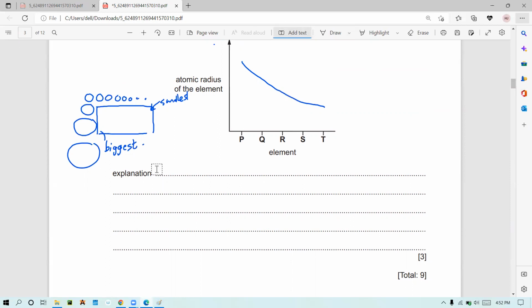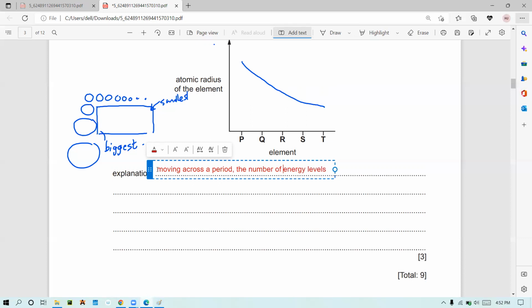We'll write the answer. Moving across a period, the number of energy levels remains the same.